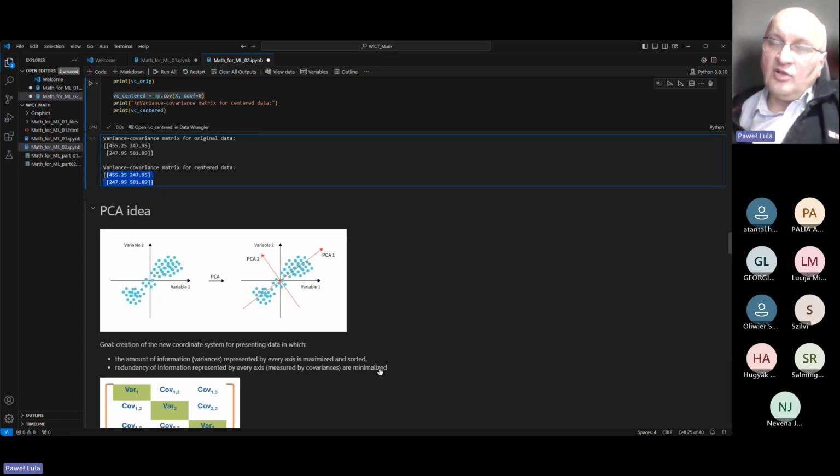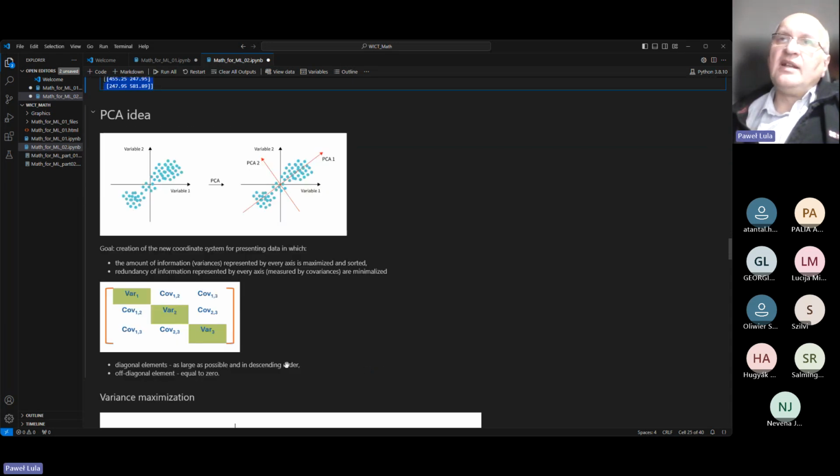All these goals are represented by some specific features of a variance-covariance matrix. So I'm going to have variances as big as possible, and I'm going to have all covariances equal to 0.